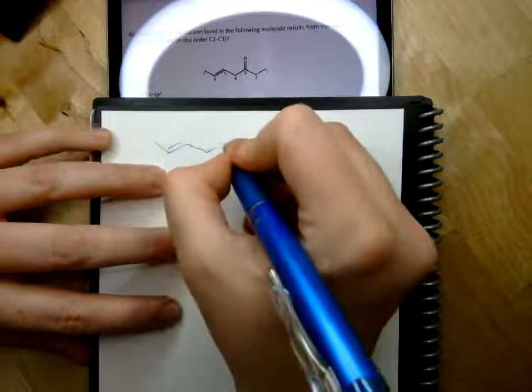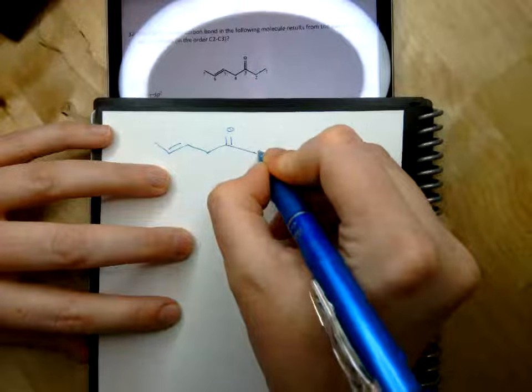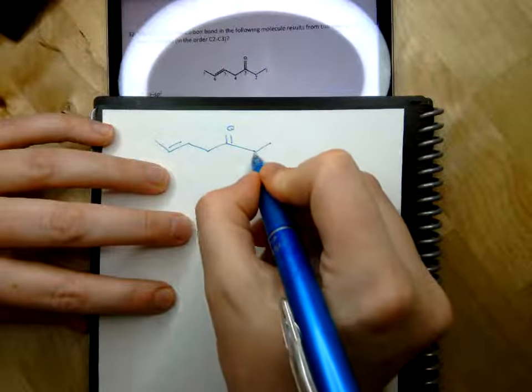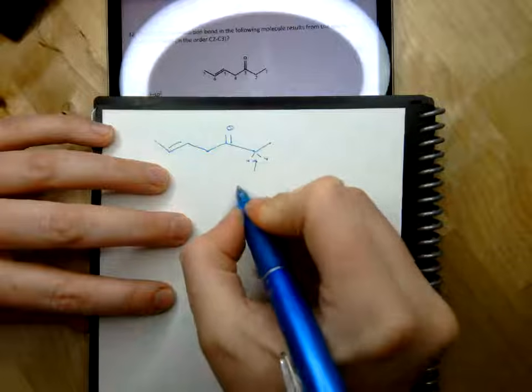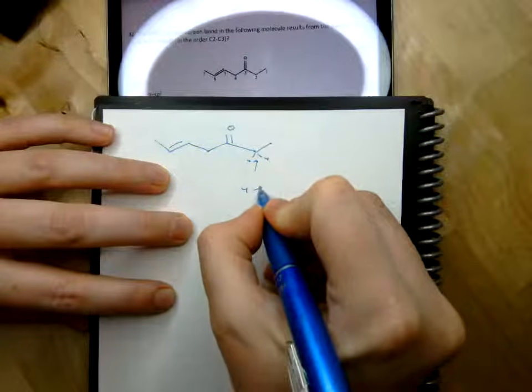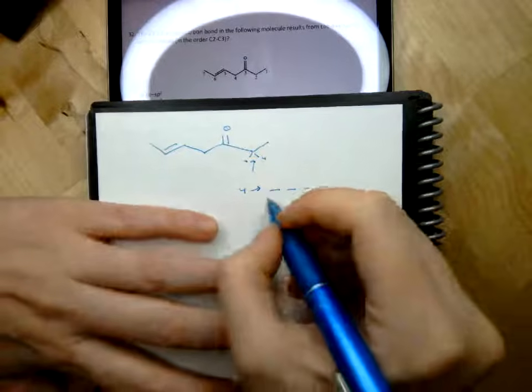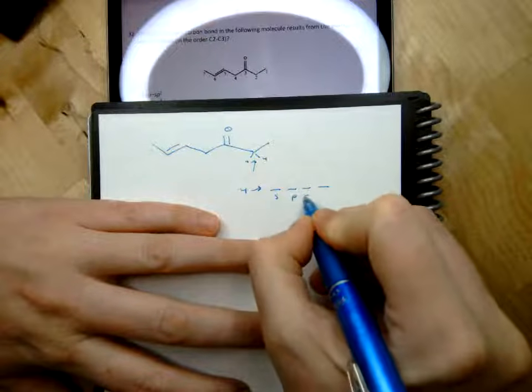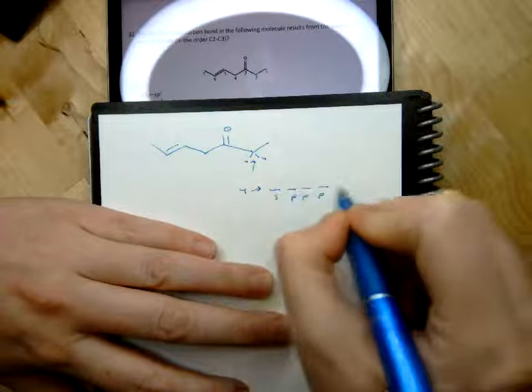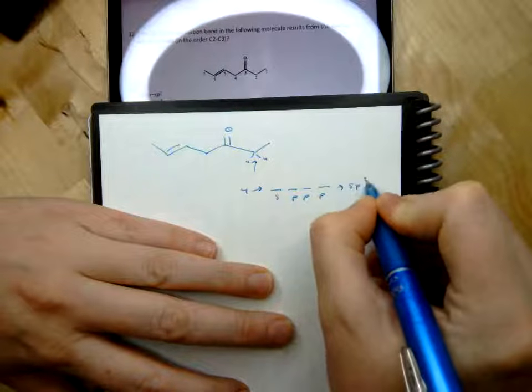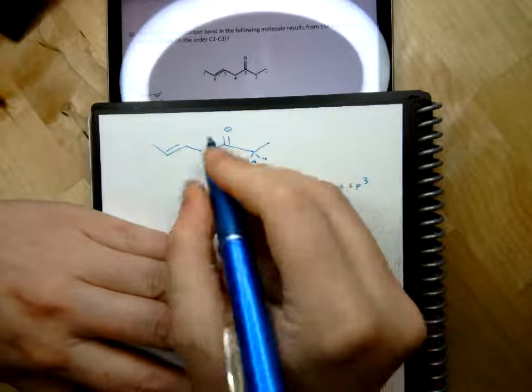We don't really care about what's going on over here, but there's 2 implied hydrogens here. So there's 4 things bonded, so it must have 4 orbitals. So that must be a hybrid of 1 s and 3 p's. So this is sp3 hybridized at carbon 2.